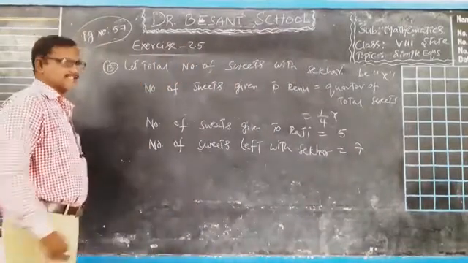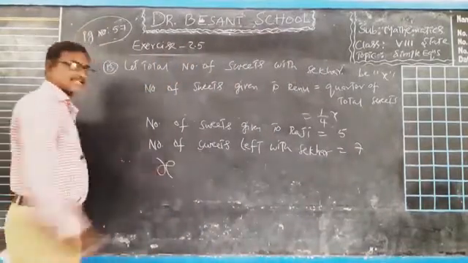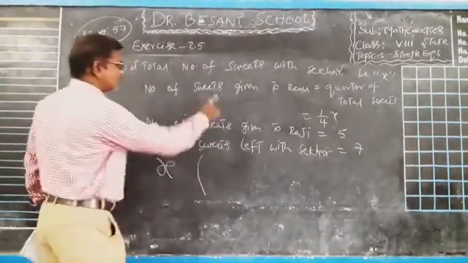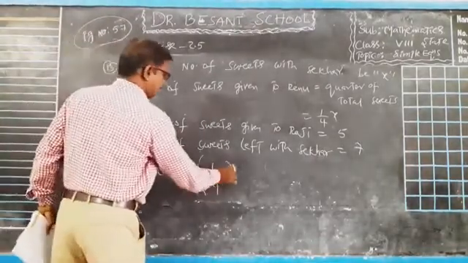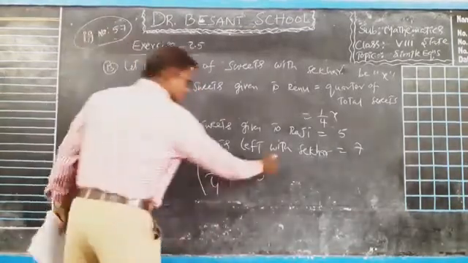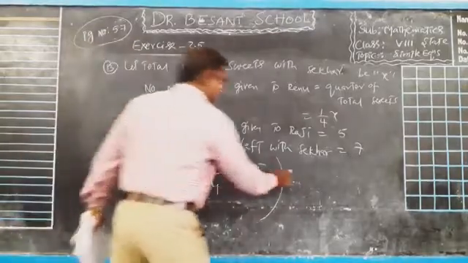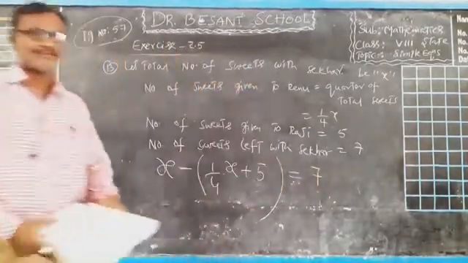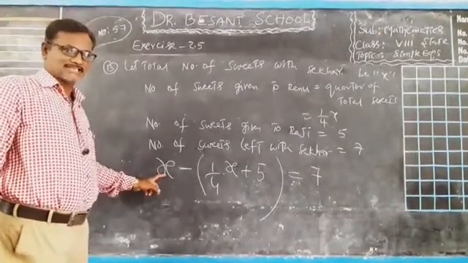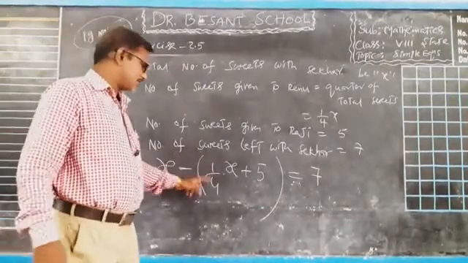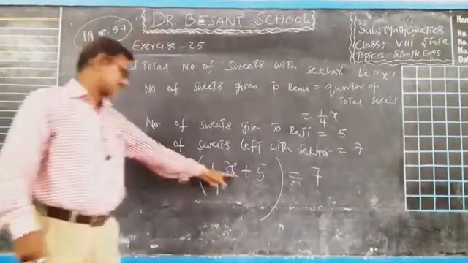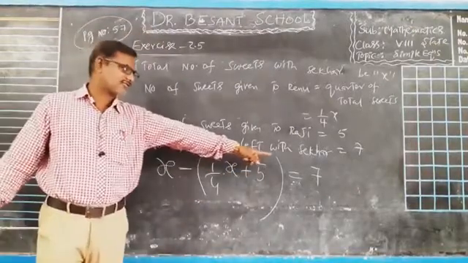Okay. How will we design the equation? Total number of sweets as X. Now, a quarter of the sweets has been given to Renu and 5 sweets given to Raji. So when you subtract this sum from the total, you get the remaining sweets, 7, left with Shaker.